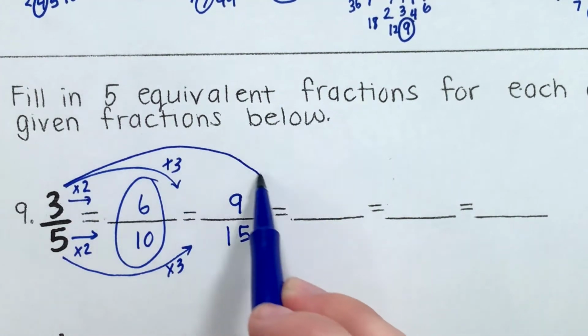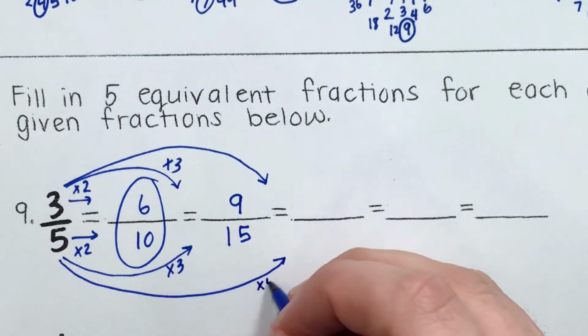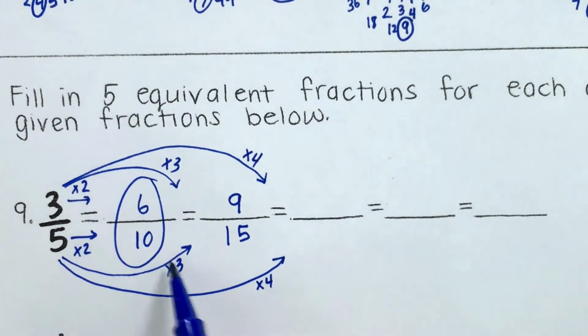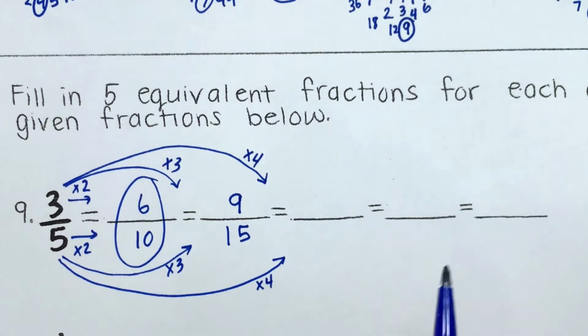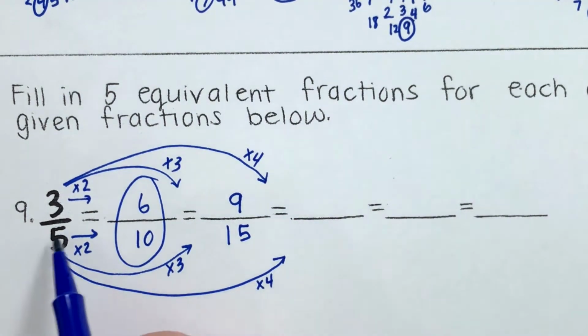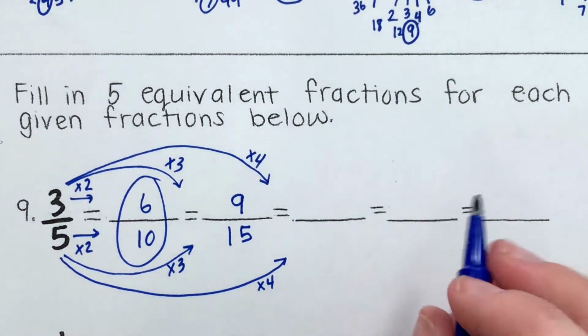Okay, go back to our base fraction, 3/5, and shoot out our arrows again. This time, multiply by 4. Like I said, I'm just going in order 2, 3, 4, but you could be multiplying by any numbers at all, as long as both of them are getting multiplied by the same number. And by both of them, I mean both numbers in your fraction, then you'll get an equivalent fraction.